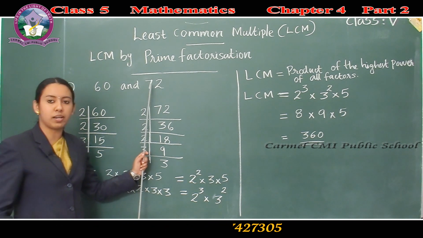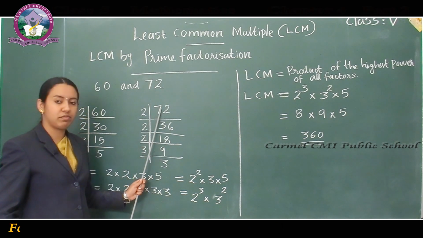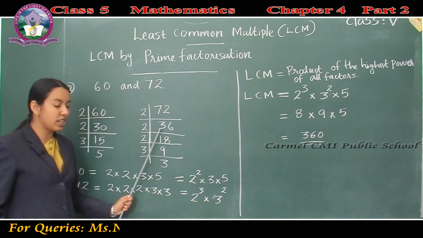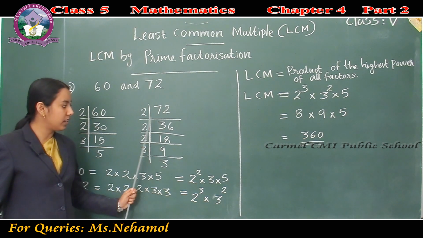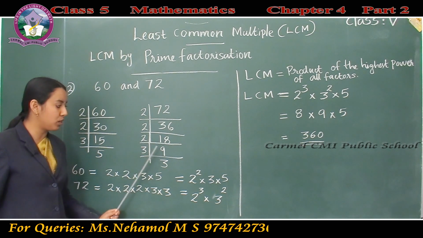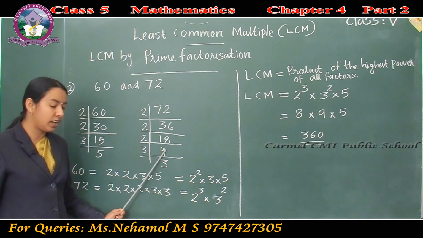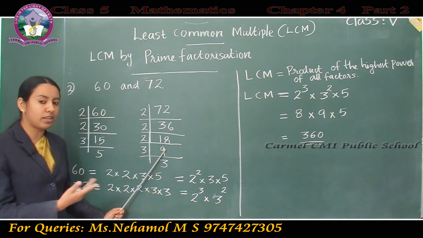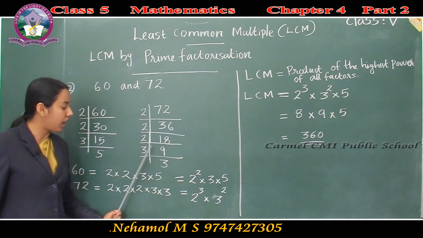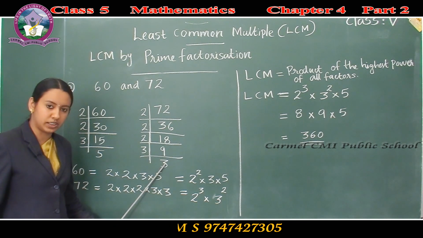Then next number 72. Prime factorization of 72. 72 divided by 2 is 36. 36 divided by 2 is 18. 18 divided by 2 is 9. 9 is not divisible by 2. So take the next prime number 3. 9 is divisible by 3. 9 divided by 3 is 3.